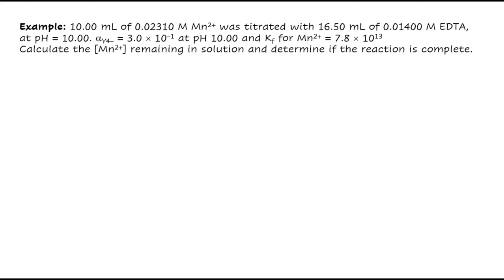Now we can set up our MICE table so we can do the calculation. So the MICE table is the dissociation reaction, MnY2 minus dissociating to form Mn2 plus and Y4 minus. This is a MICE table, so the units are molarity. The rows are initial, change, and equilibrium.